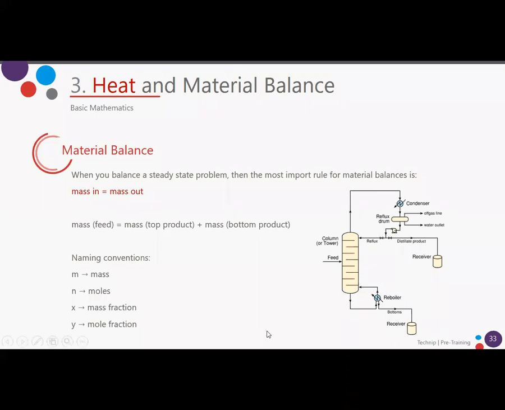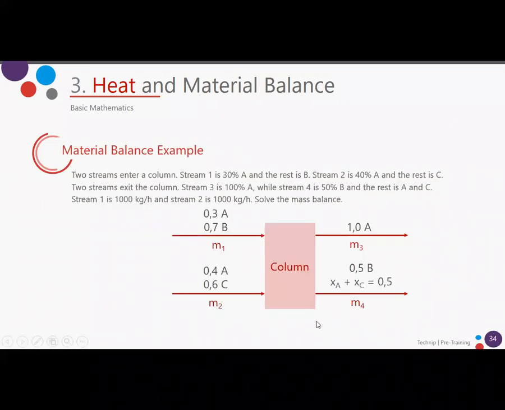Okay. So our first example for the material balance. We have two streams entering the column. Stream 1 is 30% substance A, and the rest is B. So we can say 0.3 mass fraction for A and 0.7 mass fraction for B. And we call the mass of stream 1 M1.